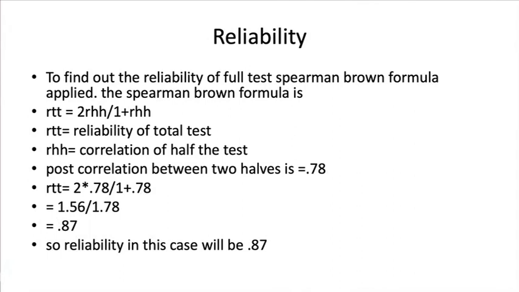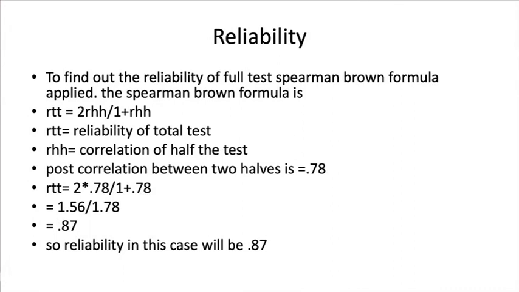So, 2 into 0.78, 1.56, upon 1 plus RHH, 1 plus 0.78, 1.78. Now, 1.56 divided by 1.78 is equal to 0.87. So, that means the reliability of the whole test is now 0.87.